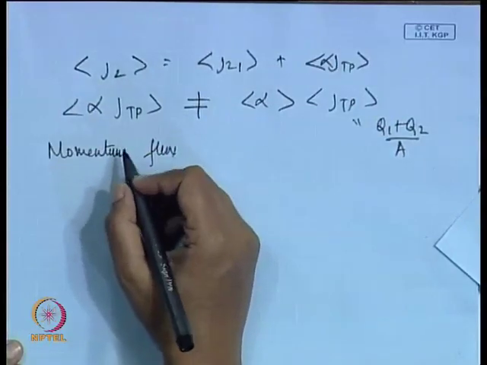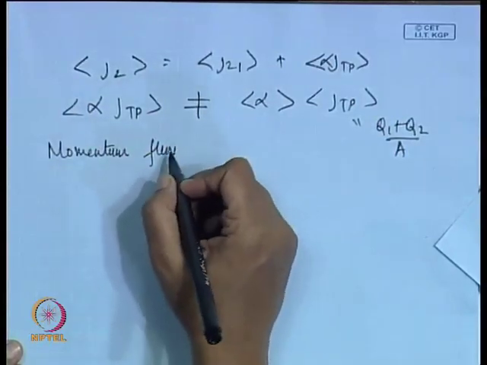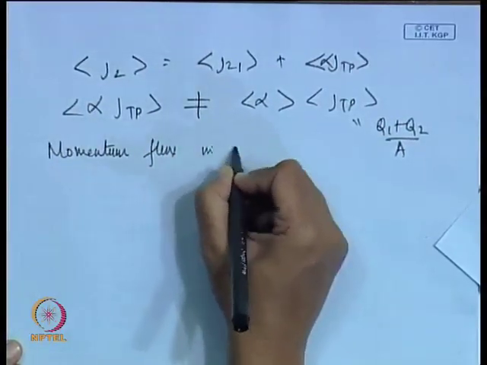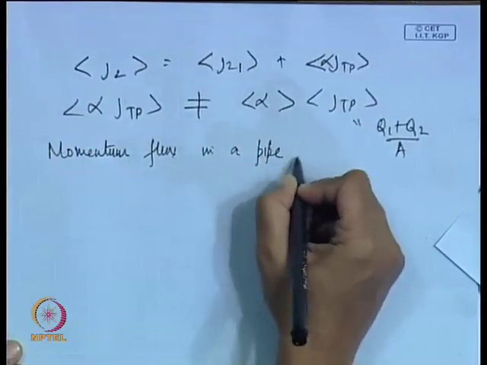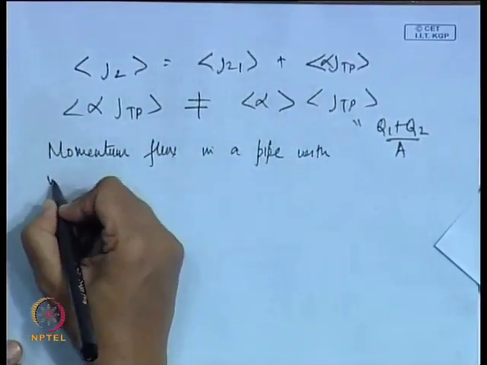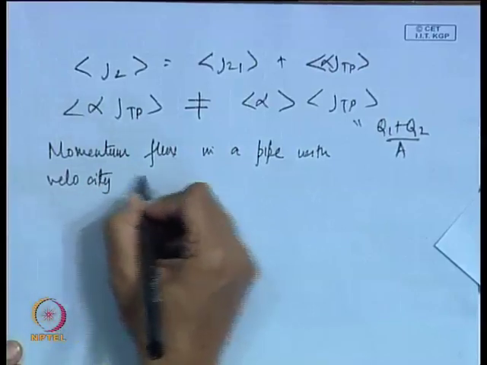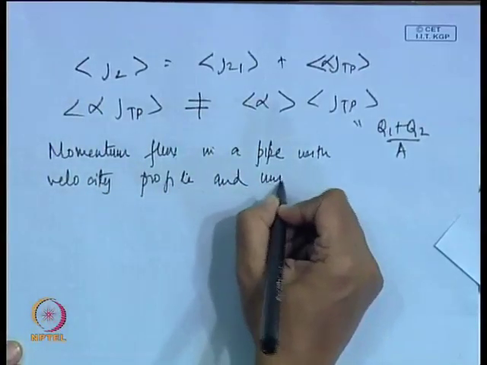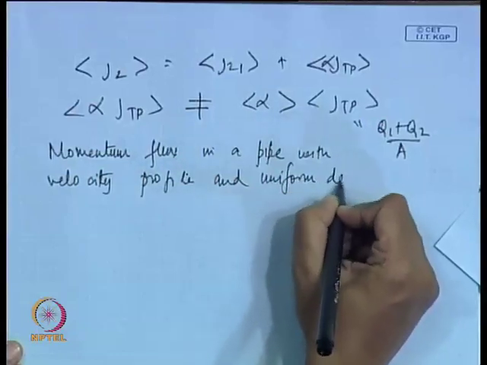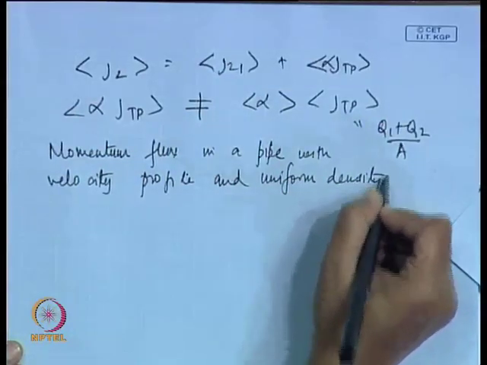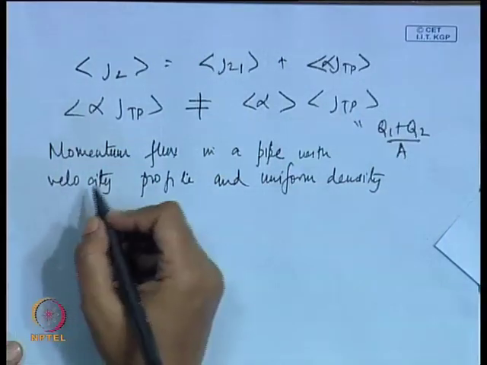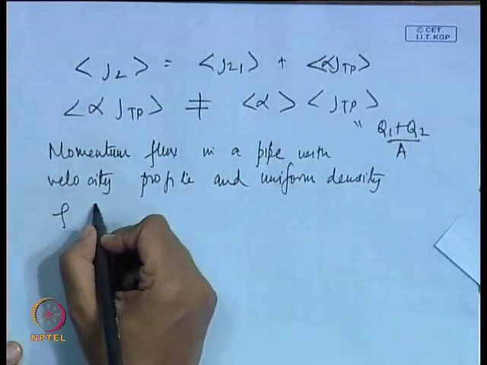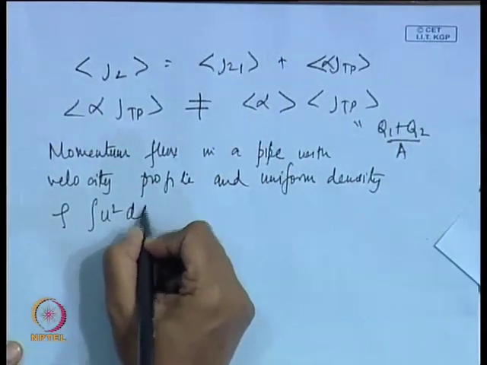just to keep the matter simple, was the momentum flux in a pipe with a velocity profile and uniform density. So, this is given as integral of rho u square dA.